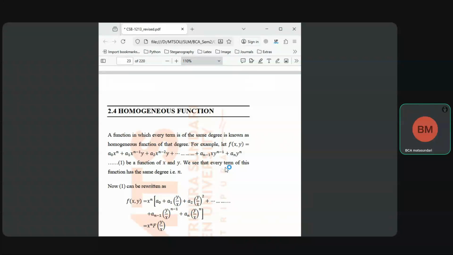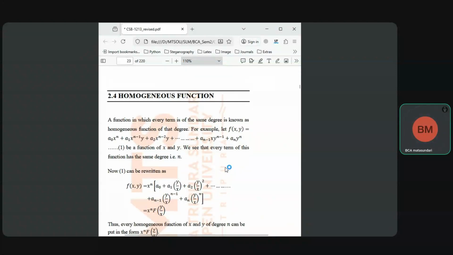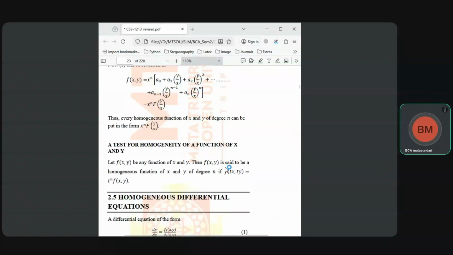We see that every term of this function has the same degree, that is n. Now equation 1 can be rewritten as f(x, y) equal to x to the power n f(y by x). So every homogeneous function of x and y of degree n can be put in this form.